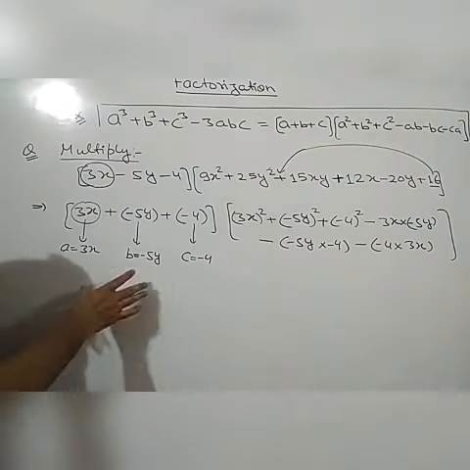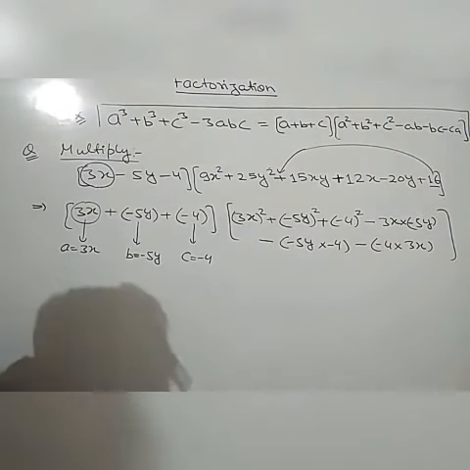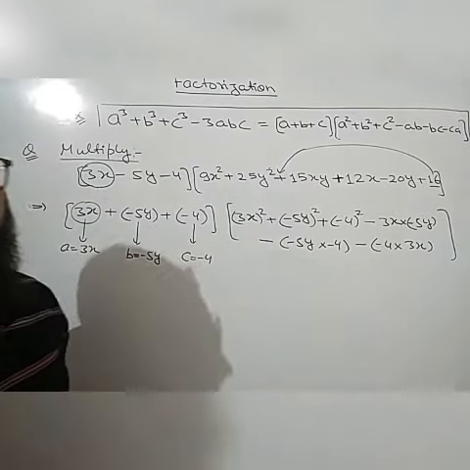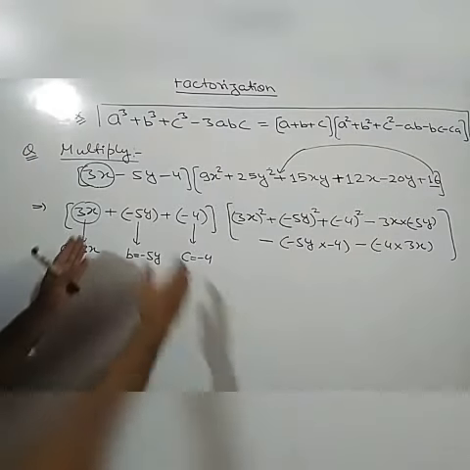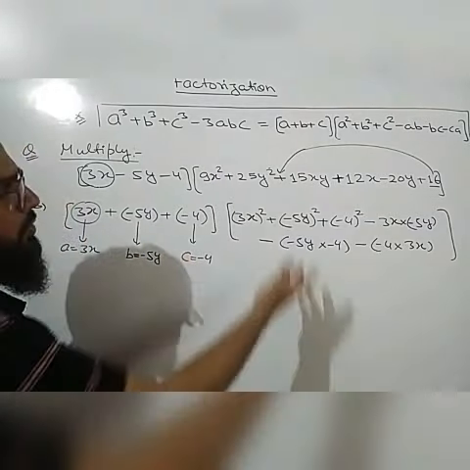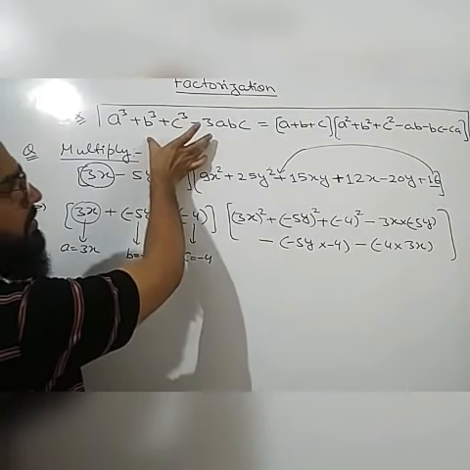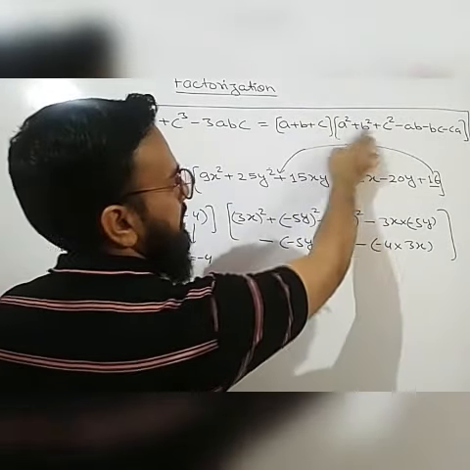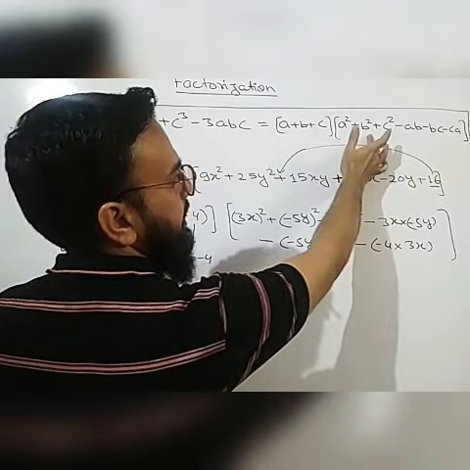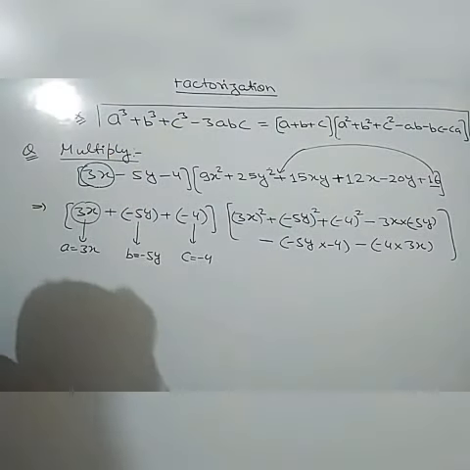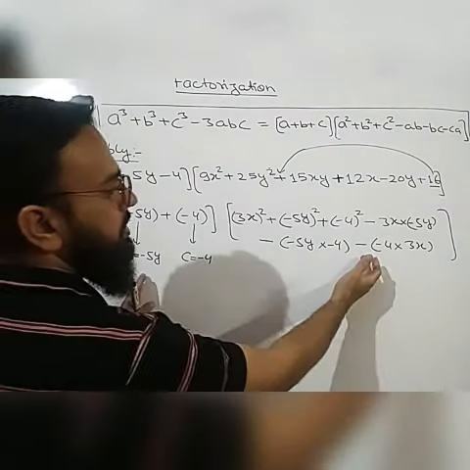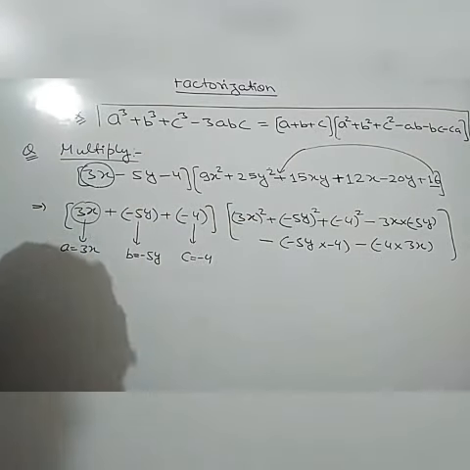So we got the complete expanded form of this identity. Okay, now we have to multiply these two brackets. So we know that the factor of this particular term is these two brackets. It means if we multiply these two brackets, we will get the same term. Similarly, if we multiply these two terms, we will get this particular identity.